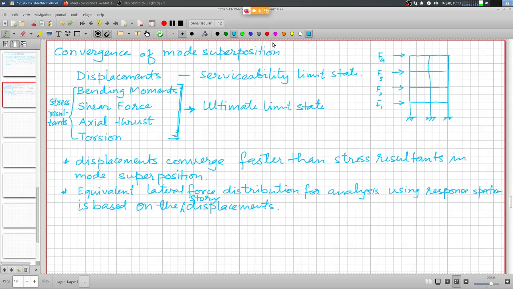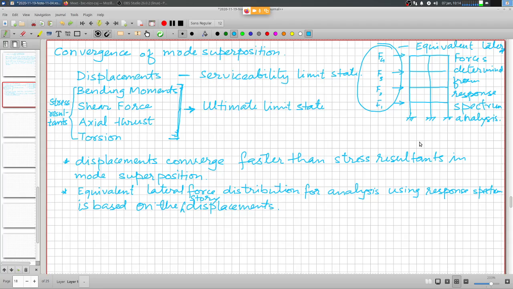So these are the equivalent lateral forces determined from response spectrum analysis.